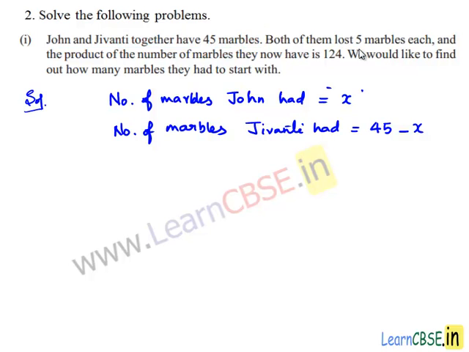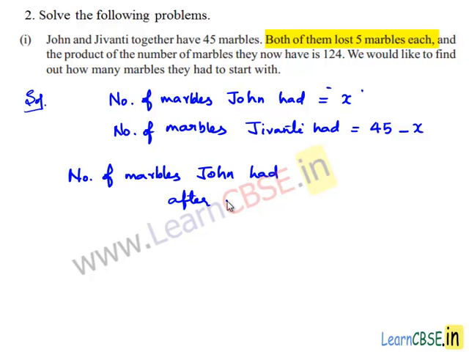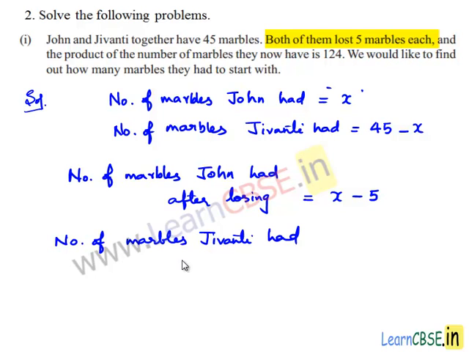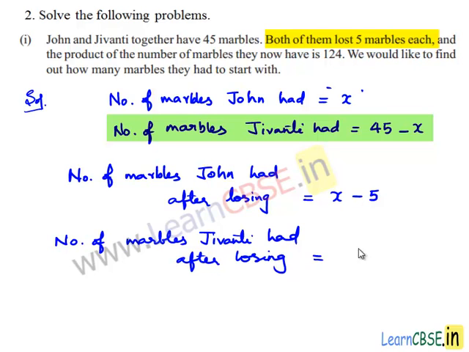Now both of them lost 5 marbles each. So the number of marbles John had after losing is equal to x minus 5. The number of marbles Jivanti had after losing is equal to 45 minus x minus 5.